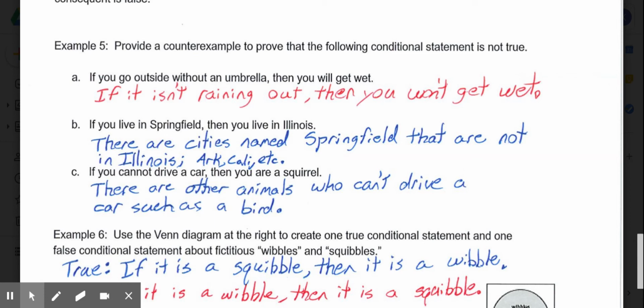So, example 5a. If you go outside without an umbrella, then you will get wet. Well, our counterexample would be, if it isn't raining out, then you won't get wet.